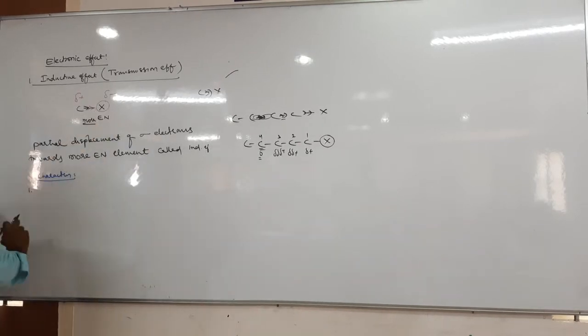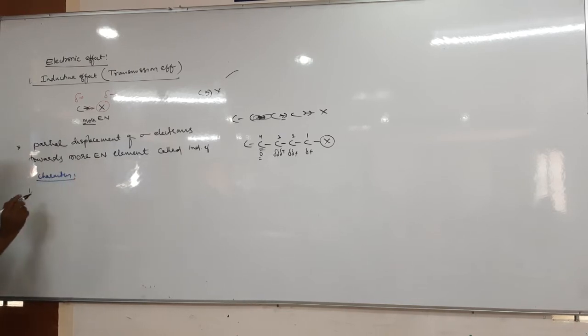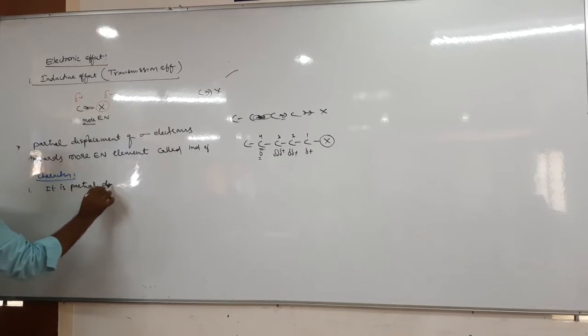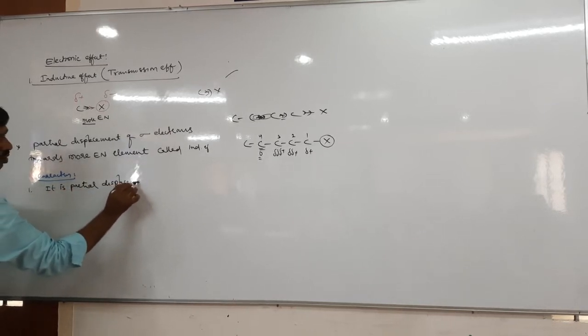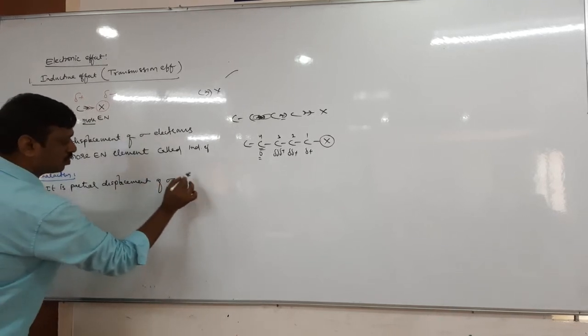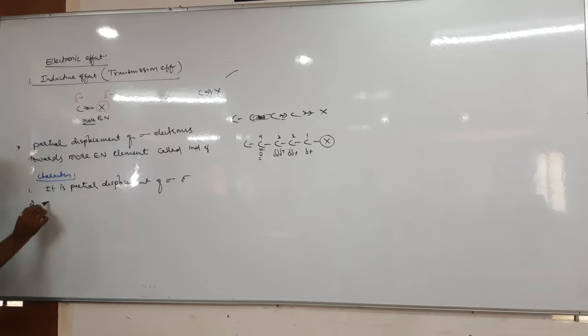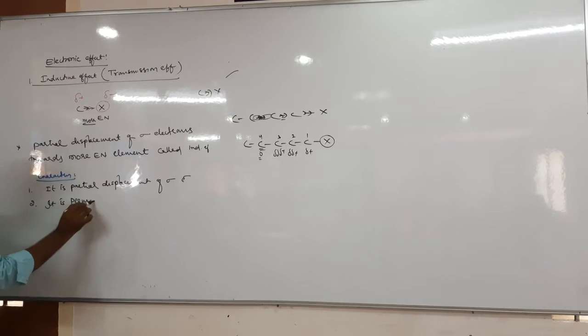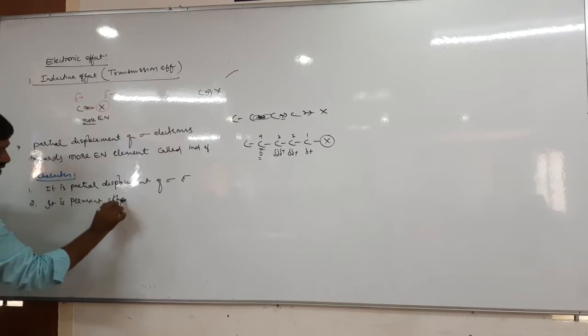So I have written the definition. Next, the characteristics. One, it is a partial displacement of sigma electron. Two, it is a permanent effect, not a temporary effect.